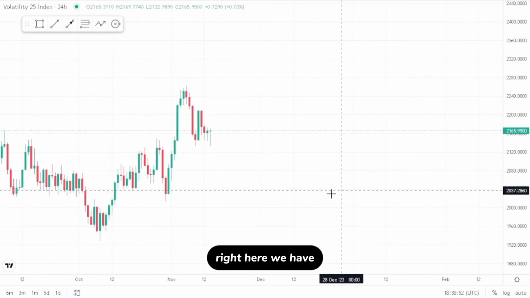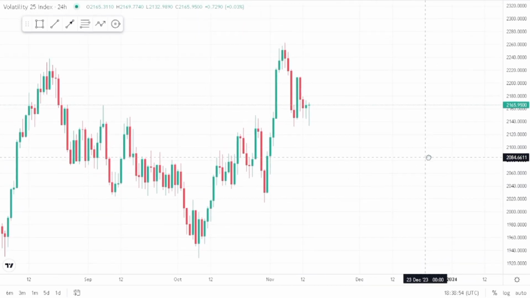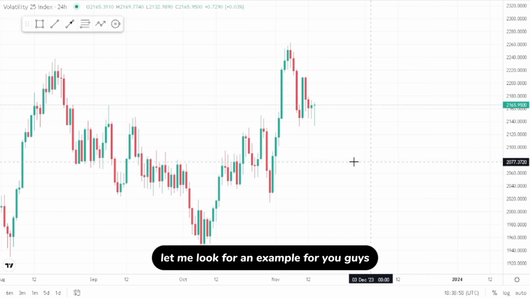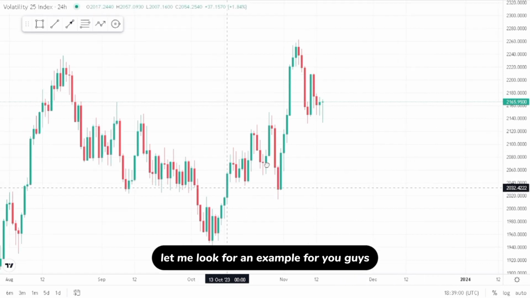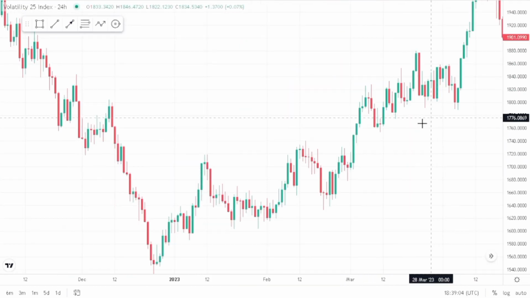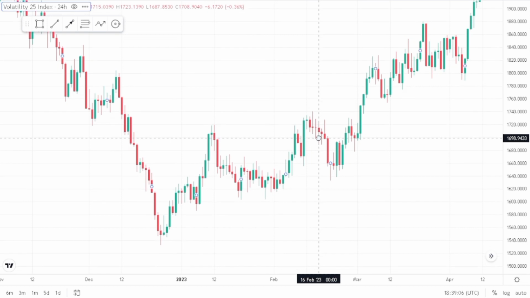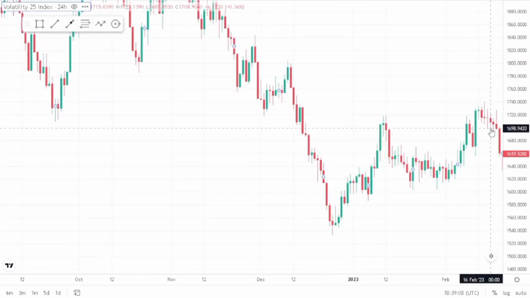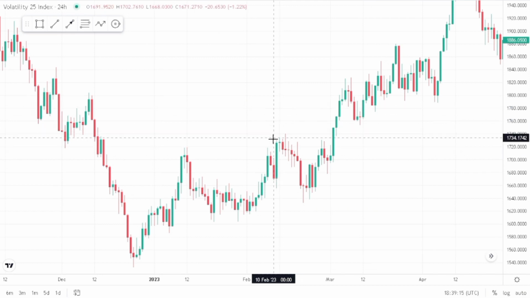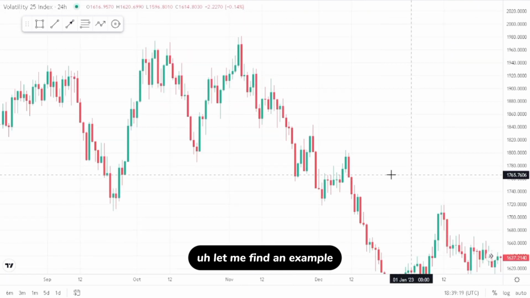Right here we have V25 again. Let me look for an example for you guys of a breaker block. Is there an example here? Let me find an example.